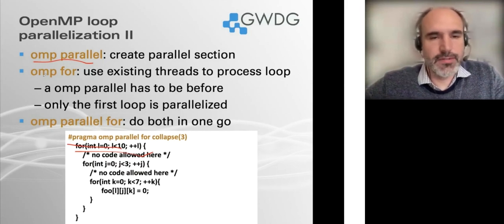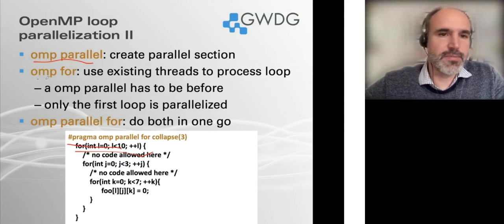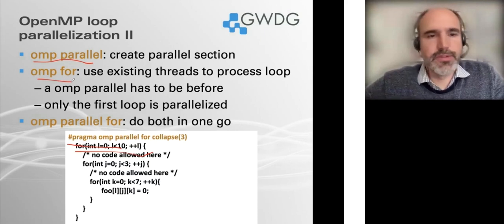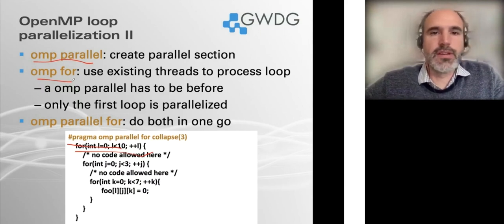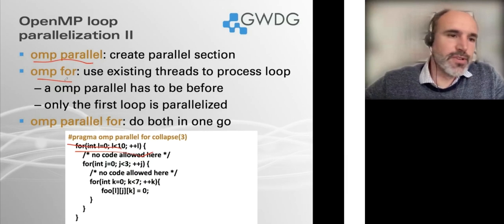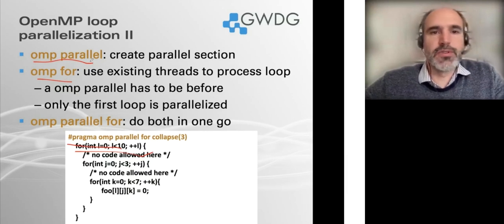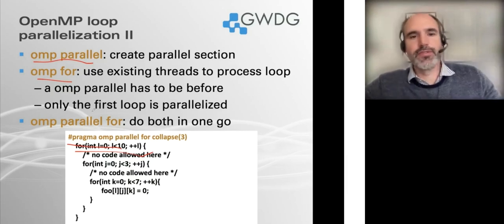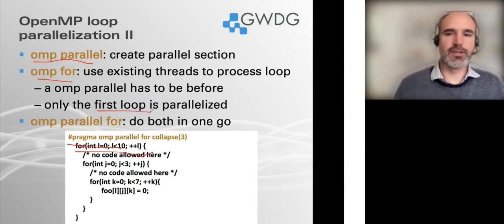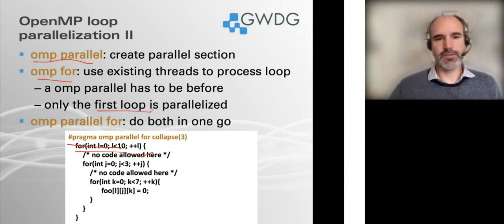Then in the second step, within the parallel region, you could start a parallelization of a for loop using the existing threads given by the above omp parallel command. So if you want to use omp for, you have to use omp parallel before, so that you have at least a parallel region. And again, only the first loop is actually parallelized after the omp for statement.